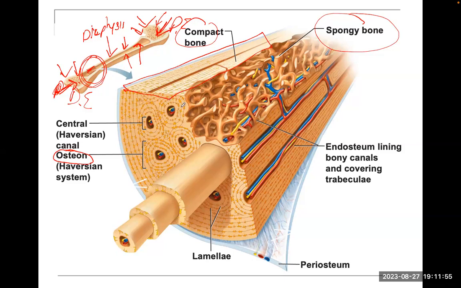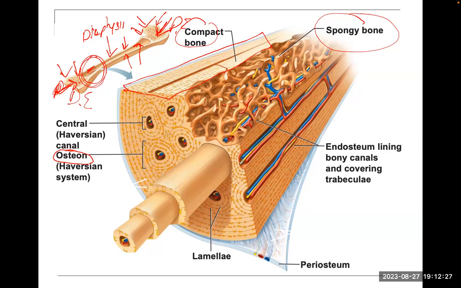The best way I could describe an osteon is if you cut a tree down and you're looking down, like a bird's eye view on the cut tree stump, you're looking at these concentric rings. Okay, so an osteon has many, many concentric rings with the very center of it called a central canal or Haversian canal, which has arteries, veins, nerves, lymphatics, that type of thing running through the center.